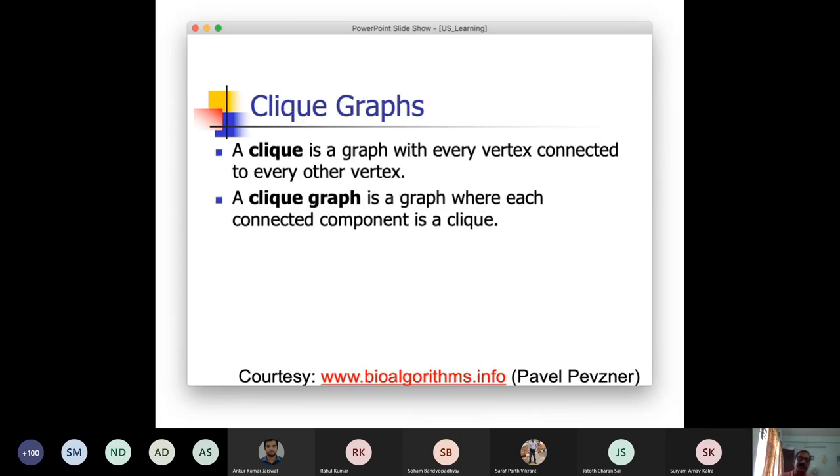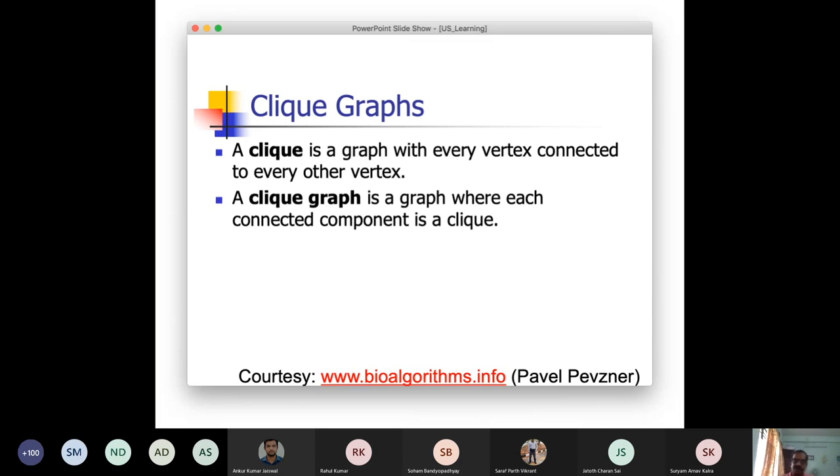So we will consider these graphical approaches to do the clustering. Once again, these approaches are very popular in the domain of bioinformatics, and these techniques are taken from Pavel Pevzner's book on bioinformatics.